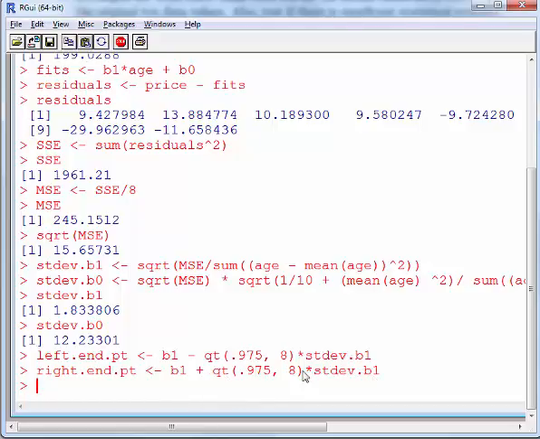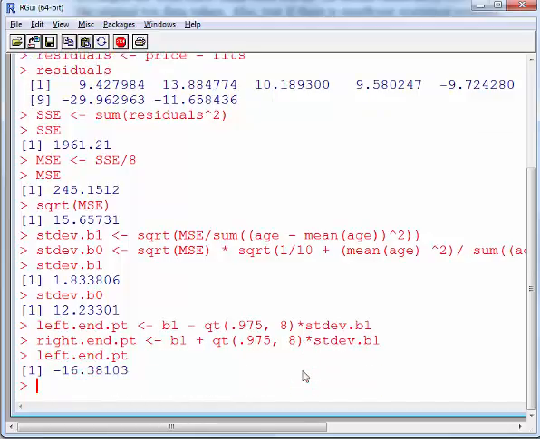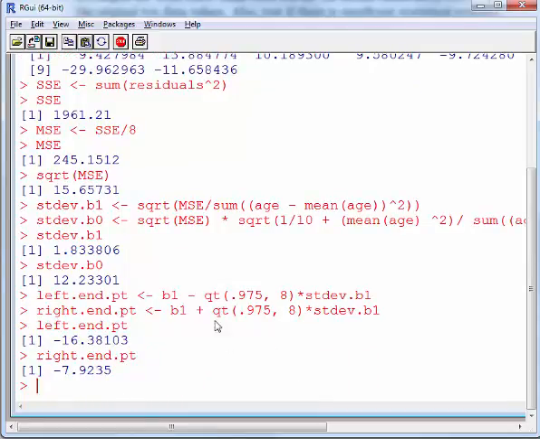So I can see what that confidence interval is. What I would write in my report is that I can be 95% confident that the actual value for beta1 falls between these two numbers.